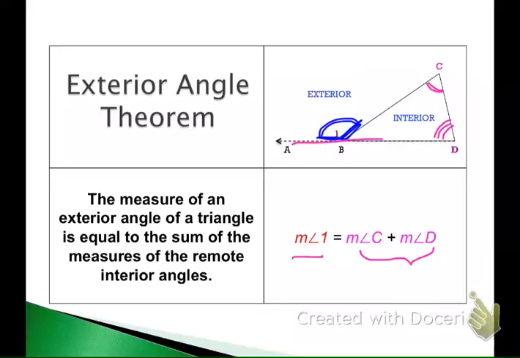So you know that whatever this measure is right here, that one, whatever that is, adds up with these two to make 180, right? You also know that it forms a straight line with that exterior angle, so it's going to add with that one to make 180, right?